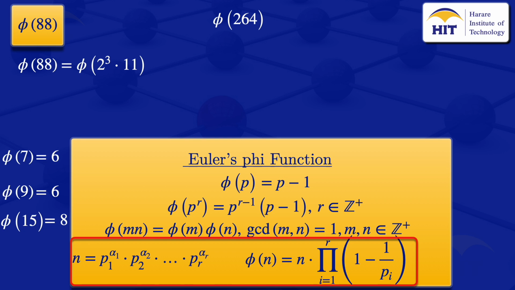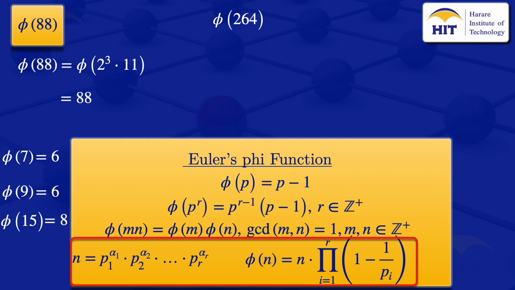The 2 is raised to the power 3, so our alpha 1 will be equal to 3, and the 11 is just raised to the power 1, so our alpha 2 will be 1, and our n is 88. Using this formula, phi of n is equal to 88 multiplied by the product from i equals 1 up to r.